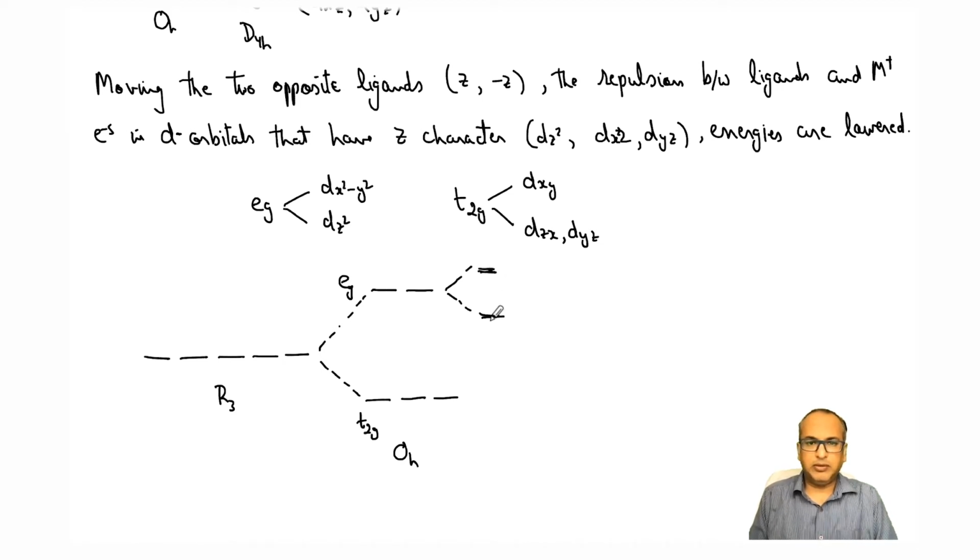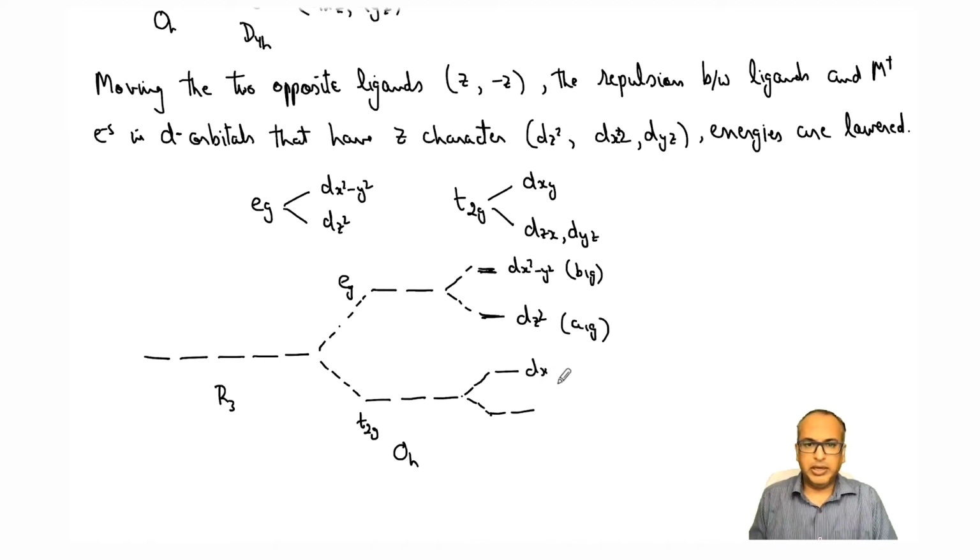Now this will be one orbital. This will be my dx square minus y square. And if I want to write the symmetry of this, this will be B1G, and this is dz square. The symmetry of this will be A1G, right? And these two orbitals, one will go up and two will go down.